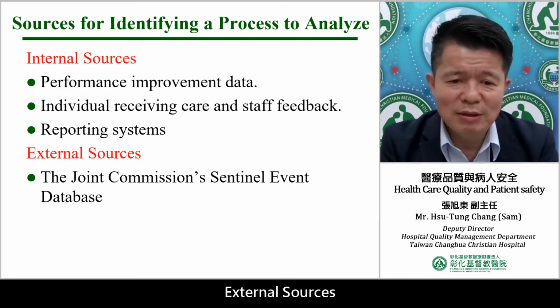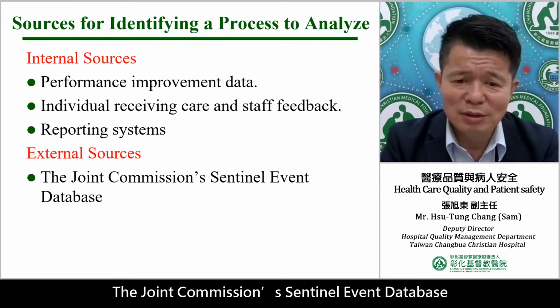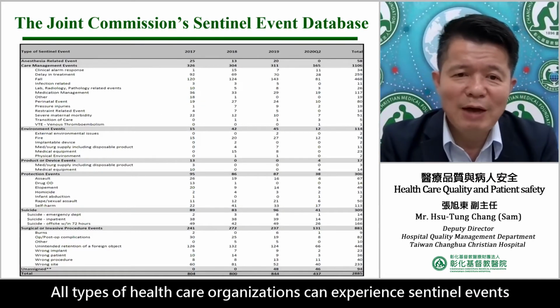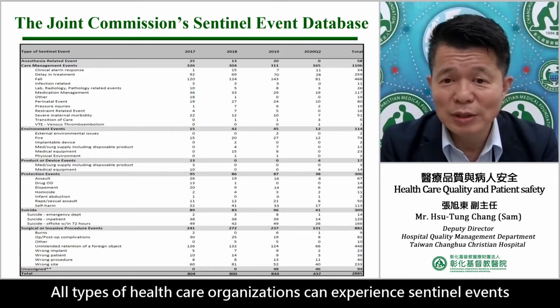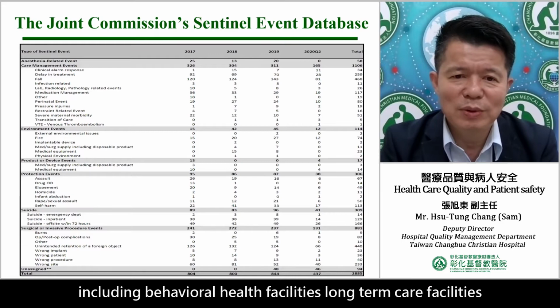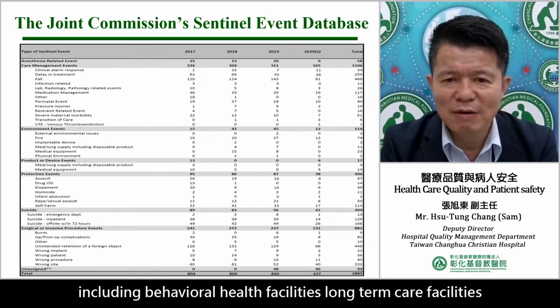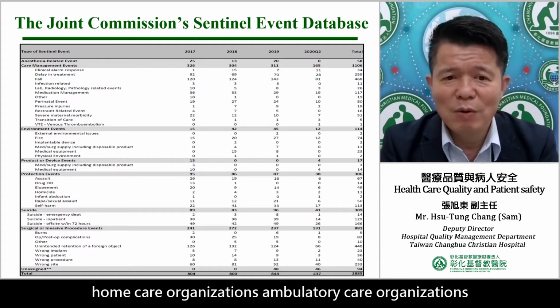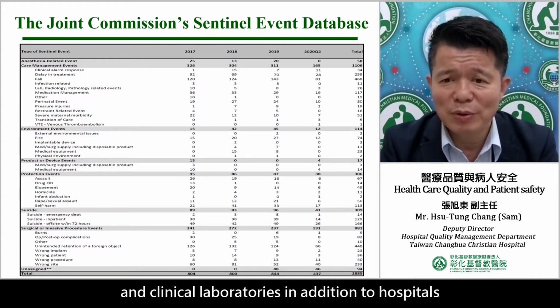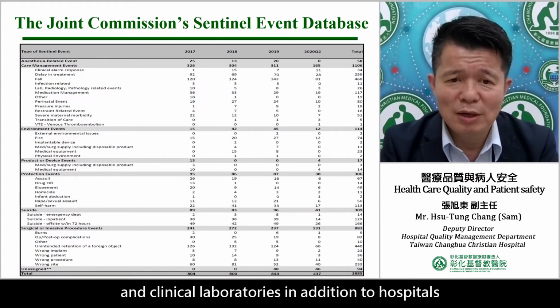External sources: the Joint Commission's Sentinel Event database. All types of healthcare organizations can experience sentinel events, including behavioral health facilities, long-term care facilities, home care organizations, ambulatory care organizations, and clinical laboratories, in addition to hospitals.